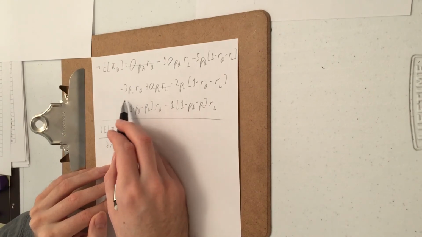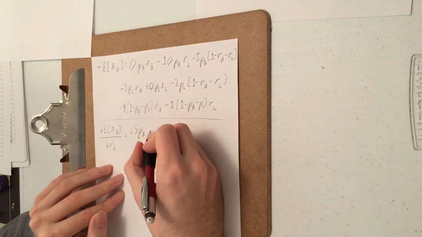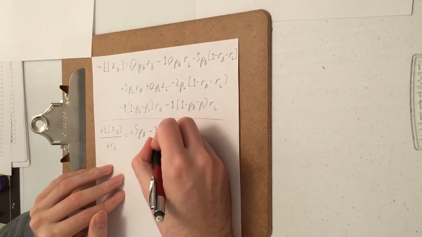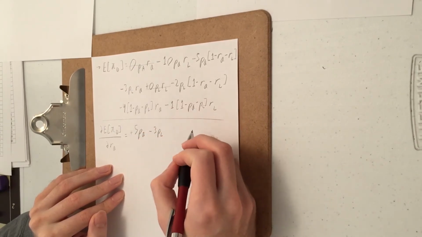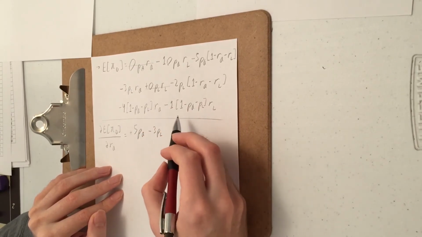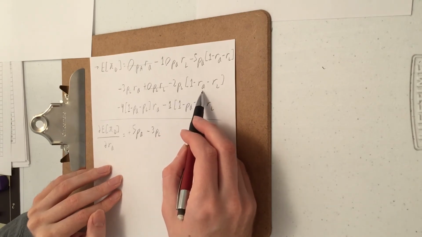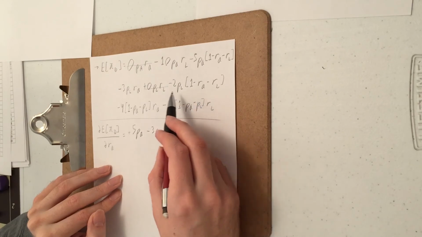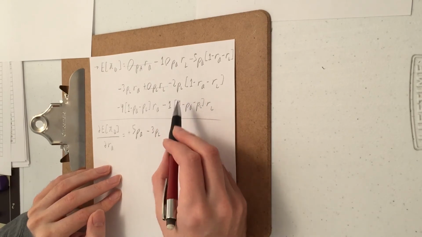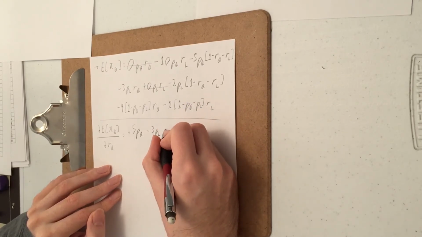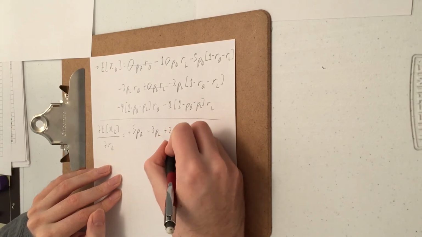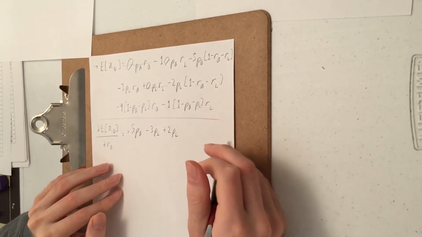Here we've got RA times minus 3PL, so that partial derivative is just minus 3PL. Our RA over here is multiplied by a minus sign and a minus 2PL. So once again, two minuses and we have plus. So we have plus 2PL for that partial derivative.